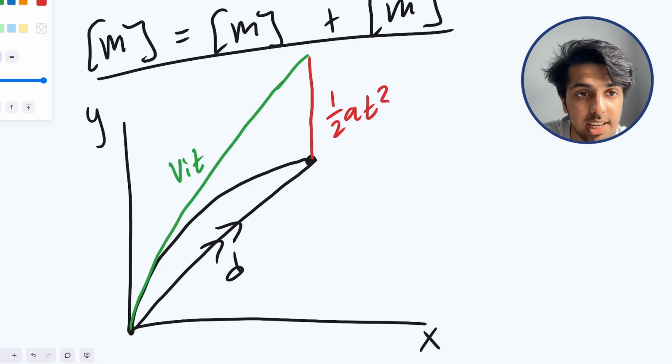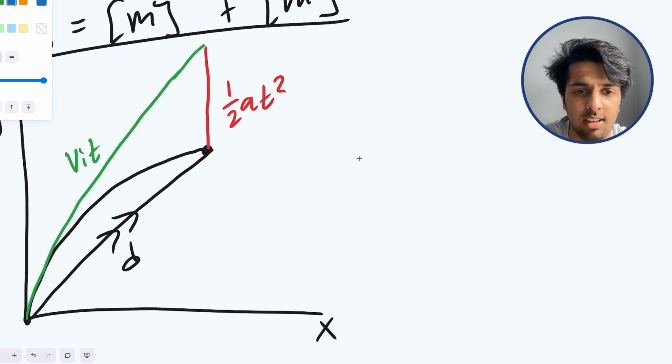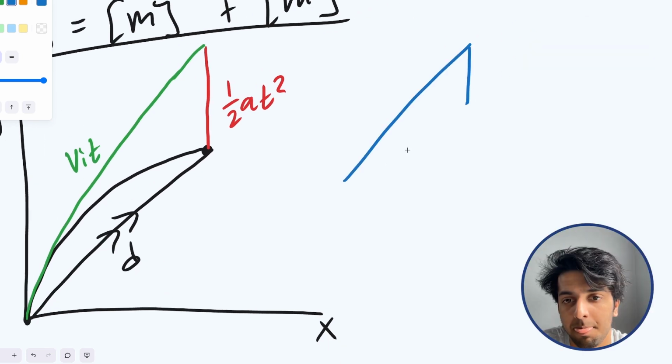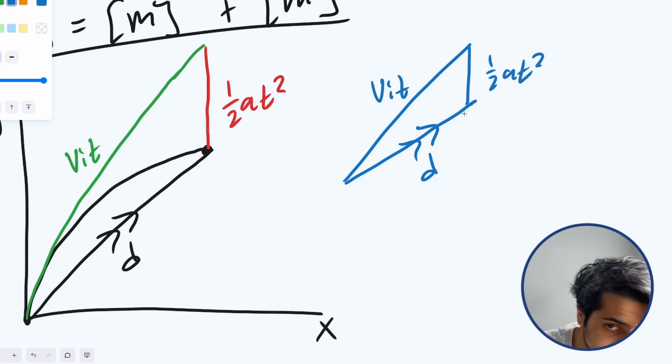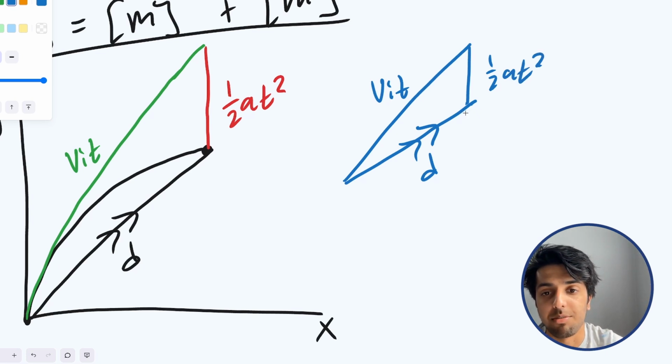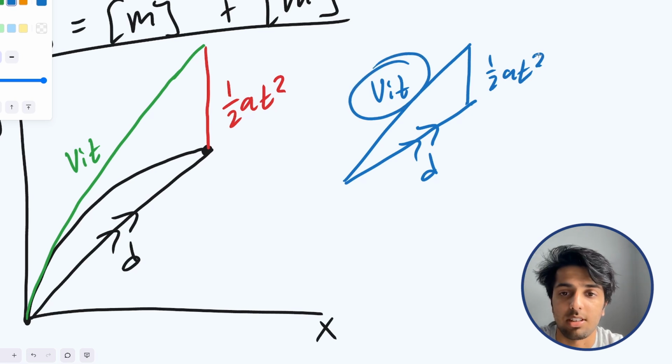Right? So what you get is actually a vector where this is our d, this is our vit, and that's our half at squared. And again, we know that with vectors, you can only add vectors that are the same quantity. So these are dimensionally still distances. That's why we can add them as a vector.